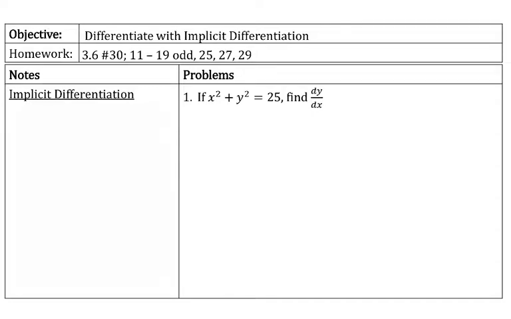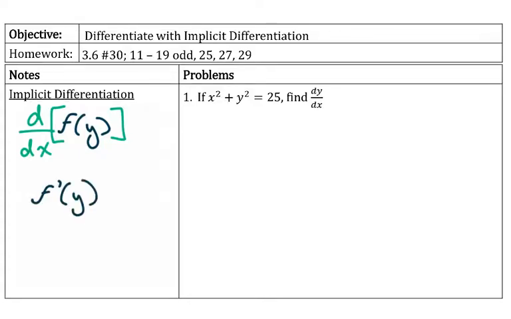One thing you might remember about implicit differentiation is you can kind of treat it like the chain rule. What I mean by that is that if we have a function here with x, that's fine. We're used to that. But if we have something like a function containing y, such as y squared in this example, when we take the derivative of that, d/dx, in terms of our x variable, so we've got these two that don't match here, what you end up with is the derivative of that y function times dy/dx.